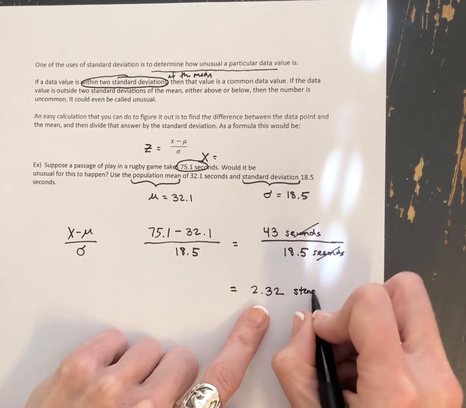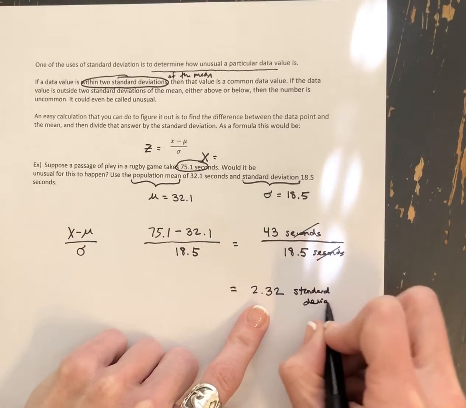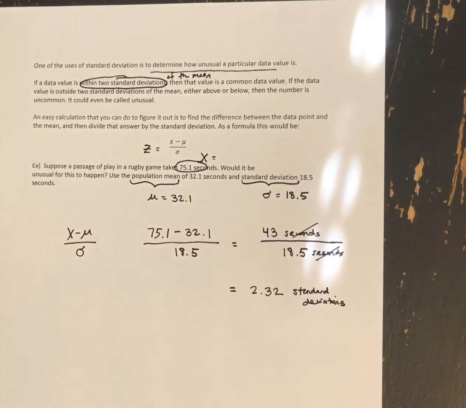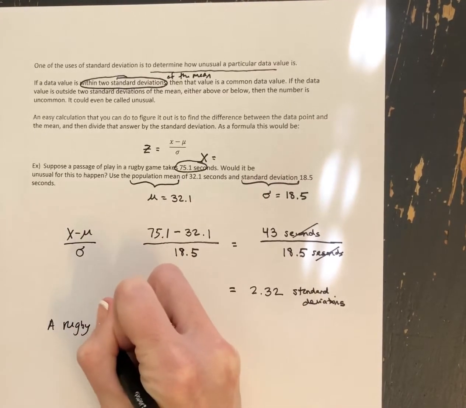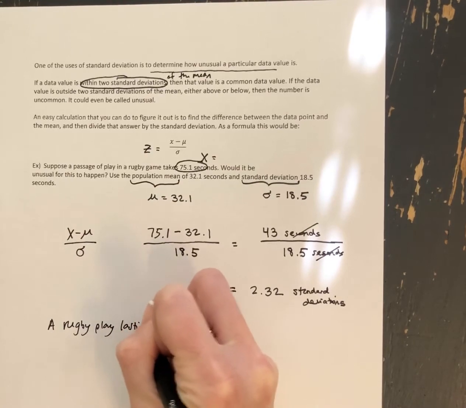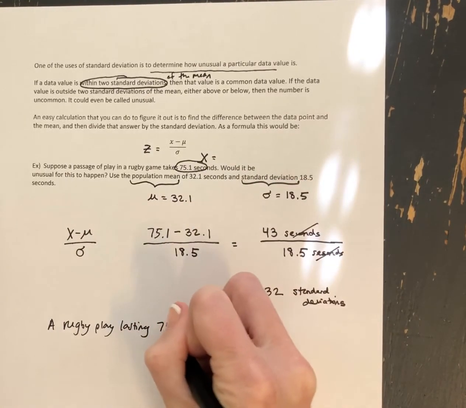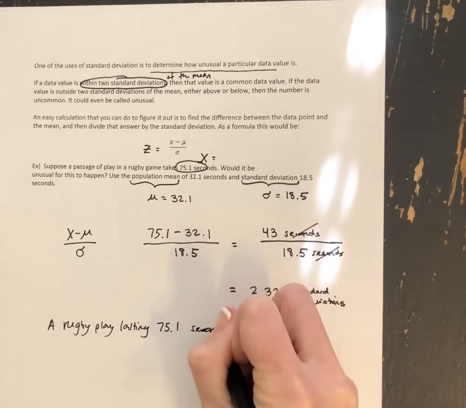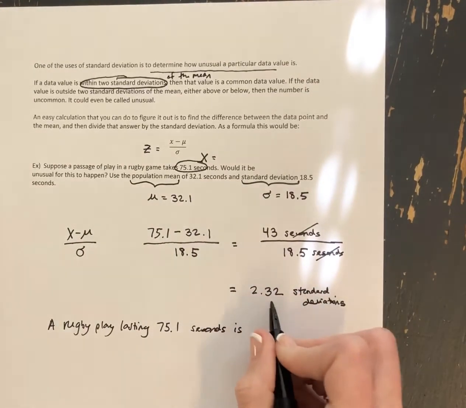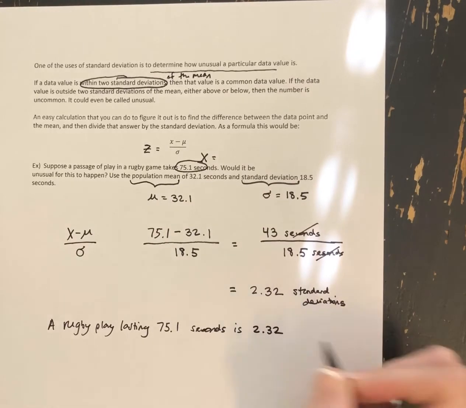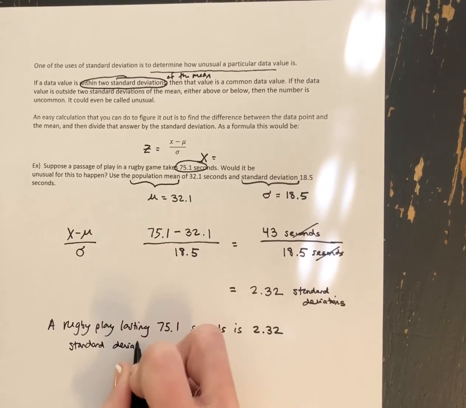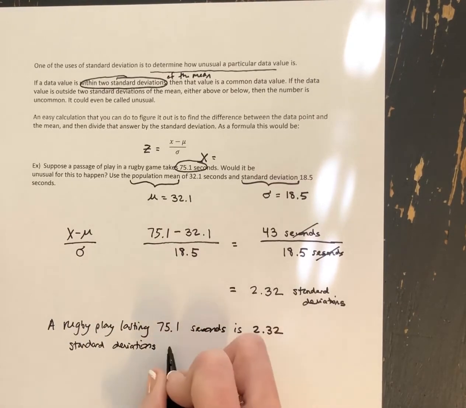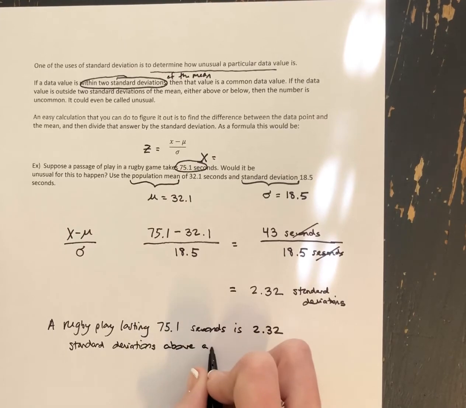These units are standard deviations. So what we're saying is that a rugby play lasting 75.1 seconds is 2.32 standard deviations above average, or above the mean.